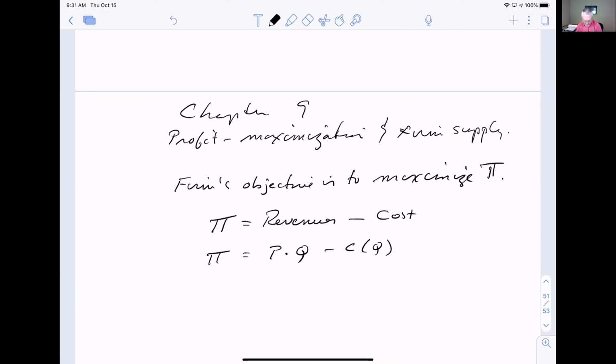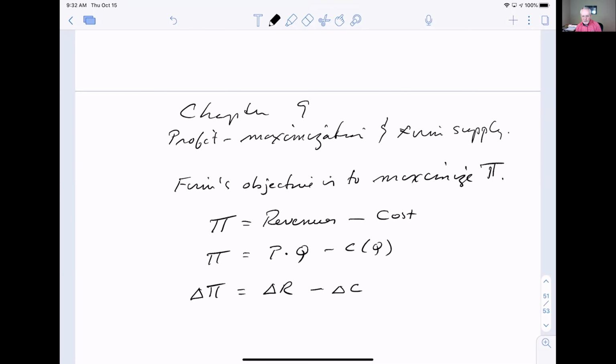Now, I want to introduce a couple of ideas here. What would be the change in profit when the firm was to change its quantity of output? Well, that would be the change in revenue minus the change in cost.